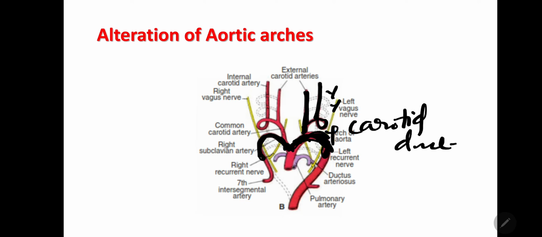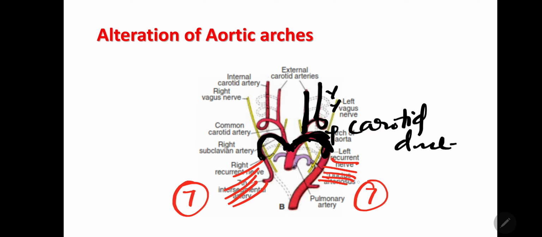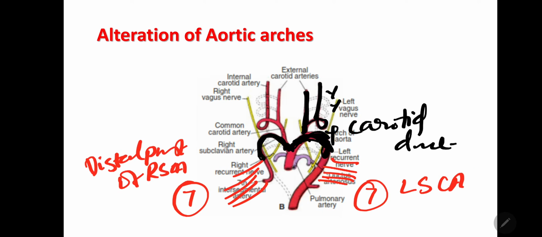There is already development of these intersegmental arteries. Which one is important among them? Seventh one. So the seventh on the right side forms the distal part of the right subclavian artery, whereas on the left side it forms the left subclavian artery.